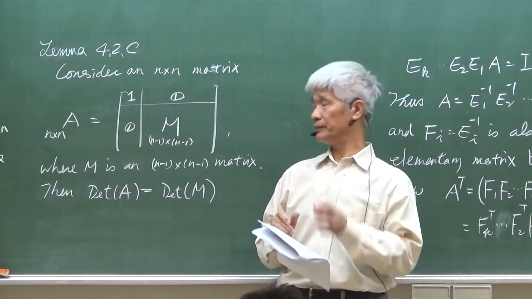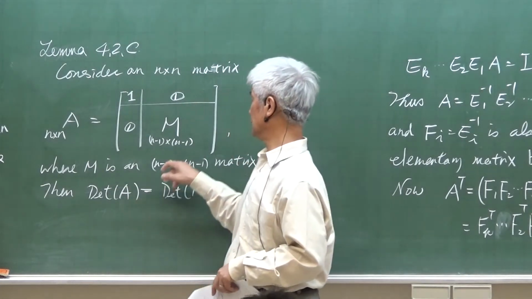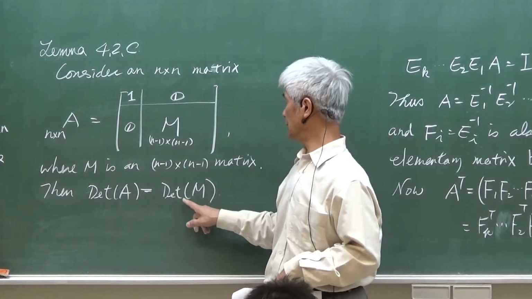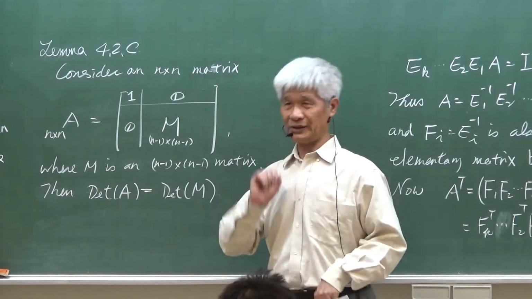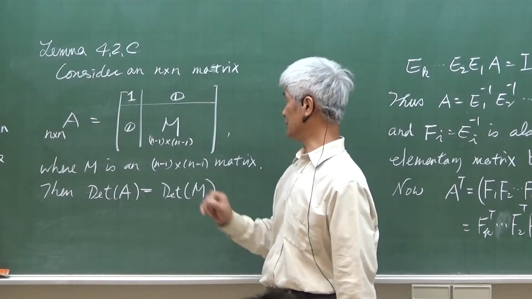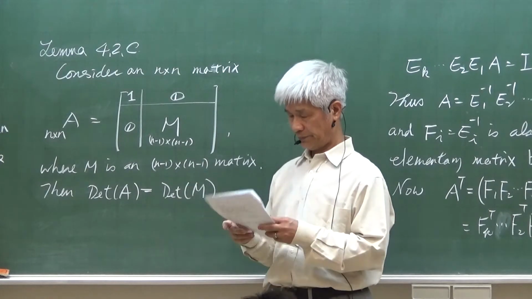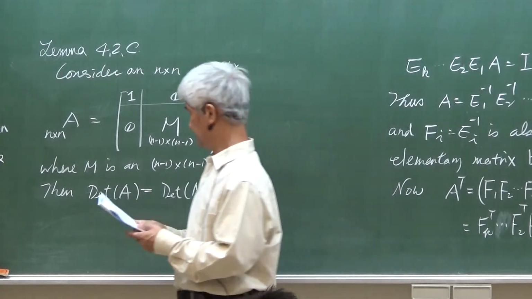So this is a bigger matrix. But the truth is that this determinant is equal to the determinant of a smaller matrix with dimension n minus 1 times n minus 1.